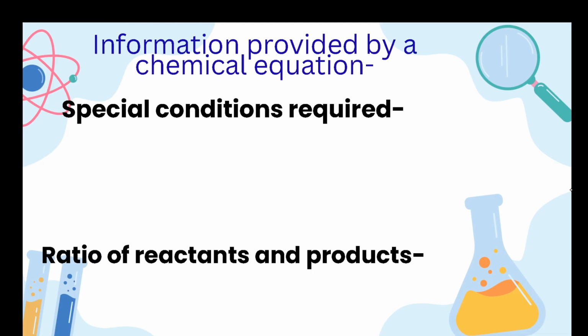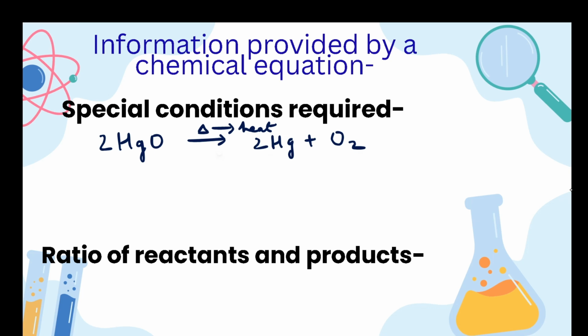Next, if any special condition is required, for example in the decomposition of mercuric oxide, we write a small triangle over the arrow, that is showing that the given reaction will take place only when heat energy is supplied. So this triangle represents the heat. When heat energy is given, this chemical compound breaks up to form mercury and oxygen. Okay, so these are certain special conditions.